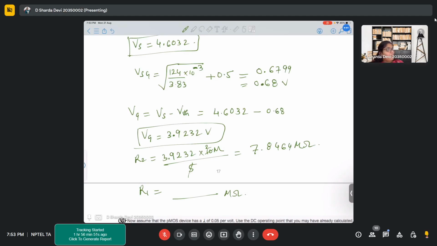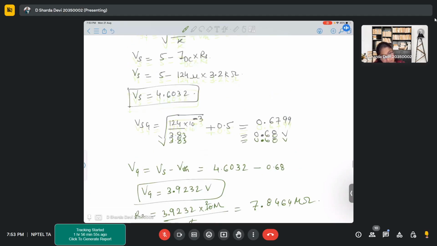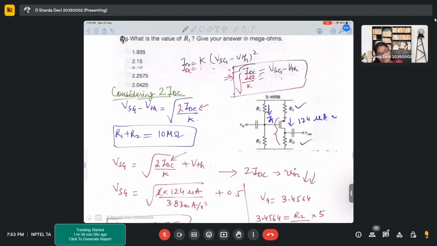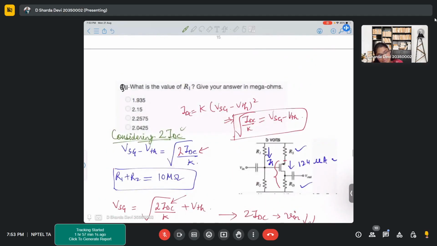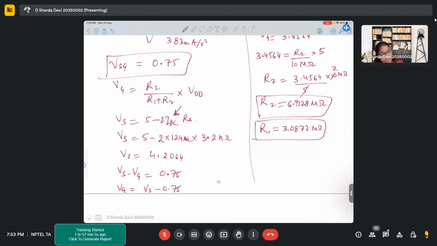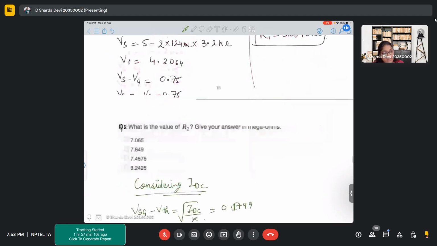Okay. So this is the difference that we are getting when we are solving using 2IDC or IDC. For the 2IDC condition, we have got the values as 6.9128 mega ohms and 3.0872 mega ohms.